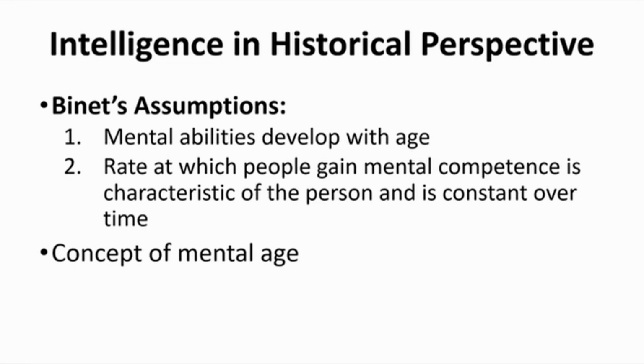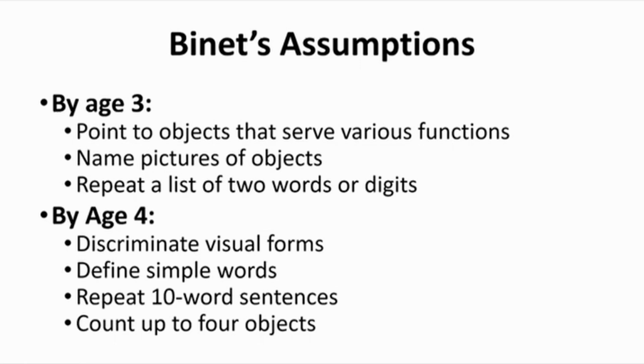Now, what kinds of problems, what kinds of abilities would be used to tell the difference between the different ages? We can actually look at a couple of highlights from each of these. So we can look at age 3 and 4 here. So by the age of 3, a child should be able to point to objects that serve various functions.